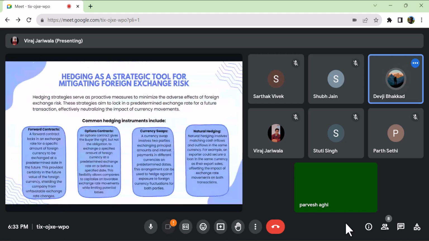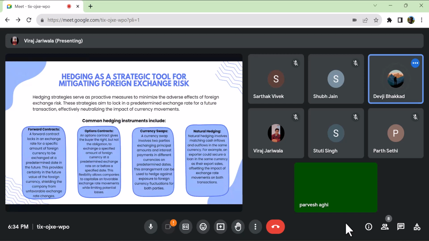The common hedging instruments include forward contracts, option contracts, currency swaps, and natural hedging. A forward contract locks in an exchange rate for a specific amount of foreign currency to be exchanged at a predetermined date in the future. This provides certainty in the future of the foreign value, shielding the company from unfavorable exchange rate changes.